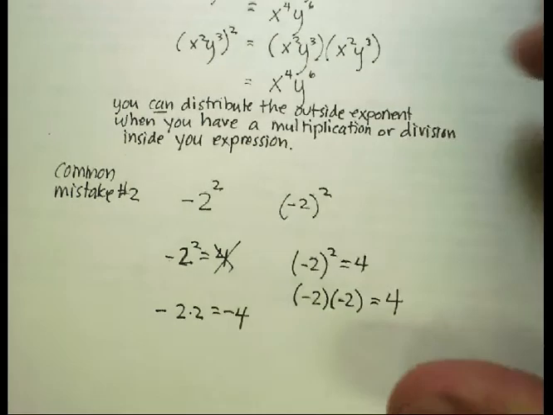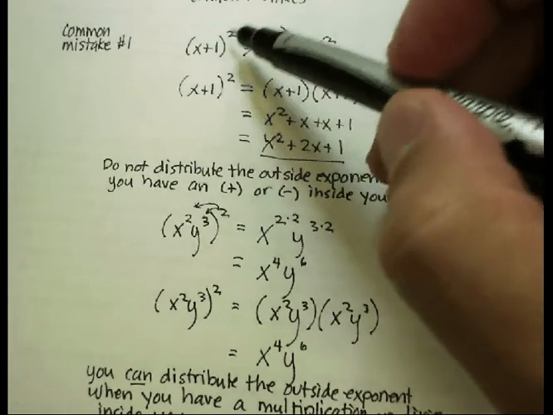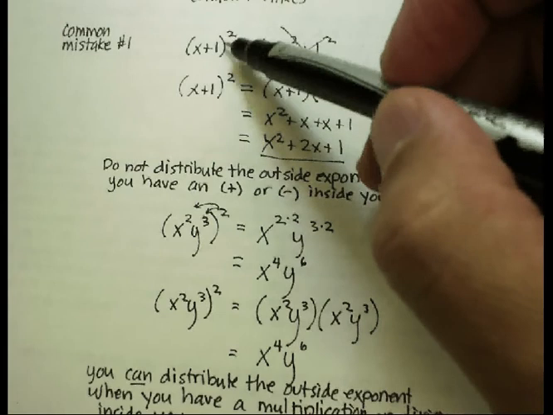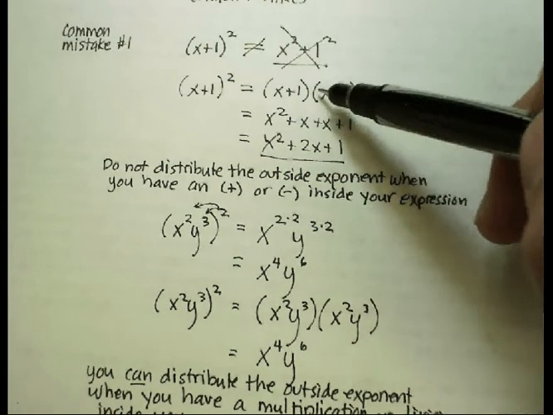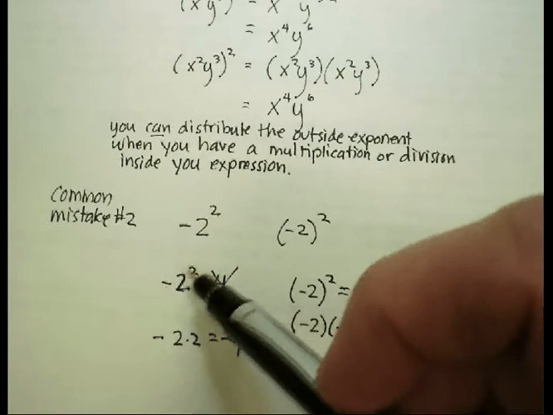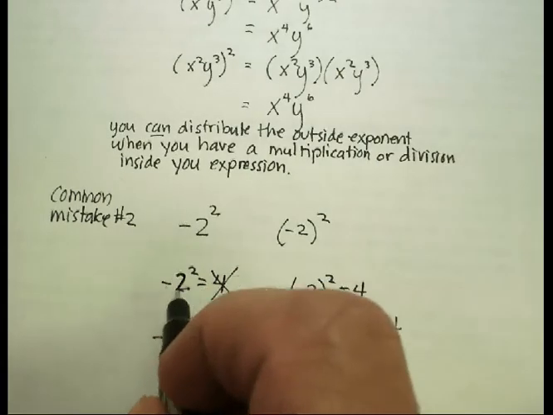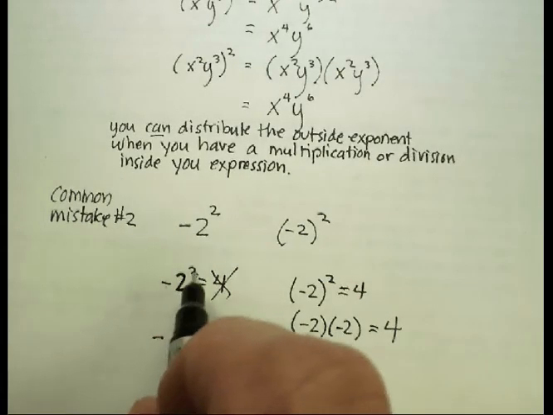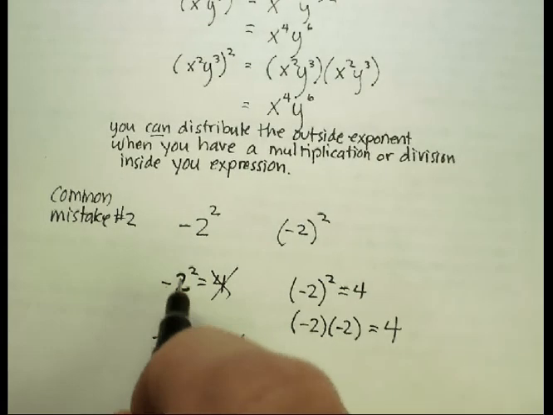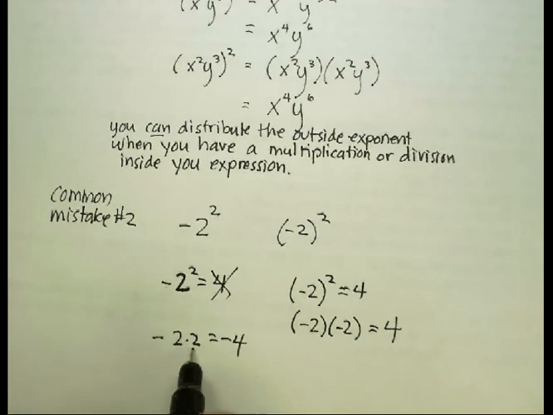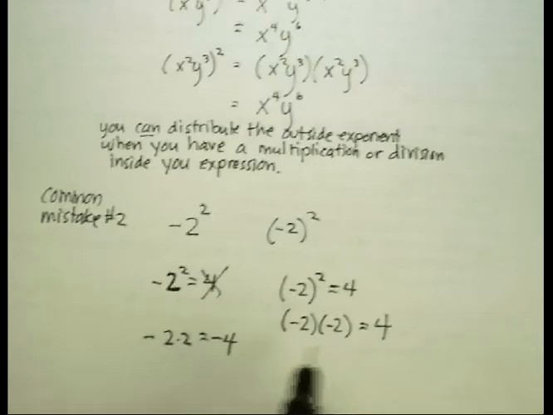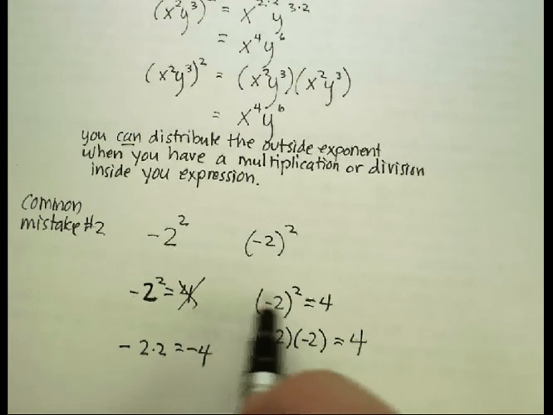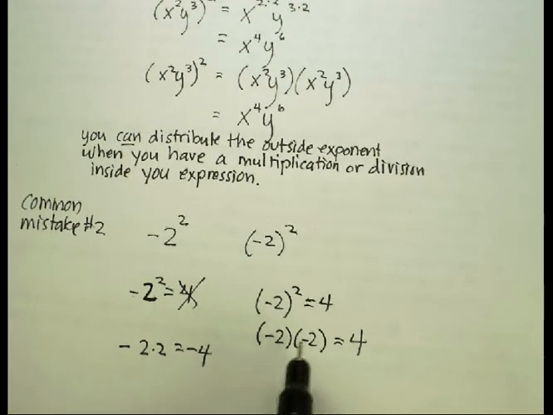So again, if you look up here, the 2 is in contact with the parentheses, so that means you got 2 of them. Down here, the 2 is in contact, and what I mean by contact is there's nothing between the 2 and whatever the number is. So you've got 2 of those. And then again, that negative is just still sitting out there. So you've got a negative 4. Over here, it's in contact with the parentheses. It means you have 2 of them, and that gives you a positive 4.